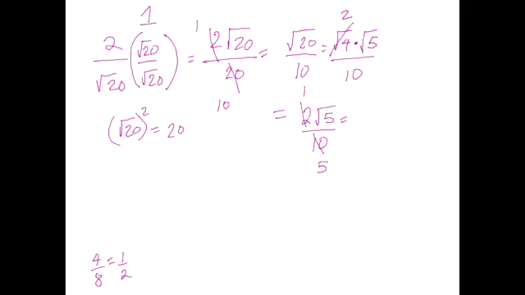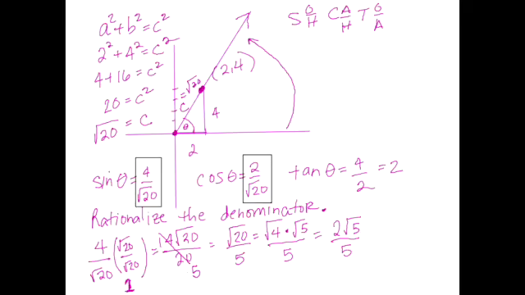Canceling out where you can, my final answer is the square root of 5 over 5. So in this process, I have rationalized, simplified my radicals, and simplified my fraction so that you see 2 over the square root of 20 actually equals the square root of 5 over 5. I hope that this has been helpful for you.